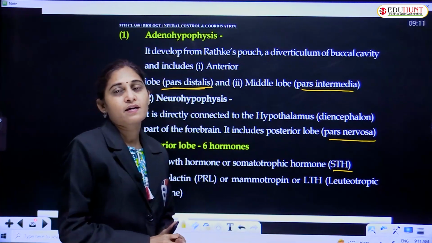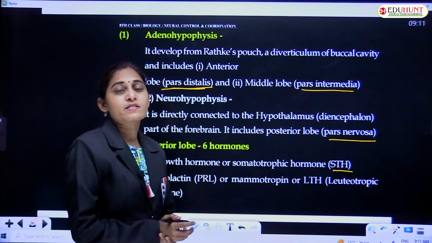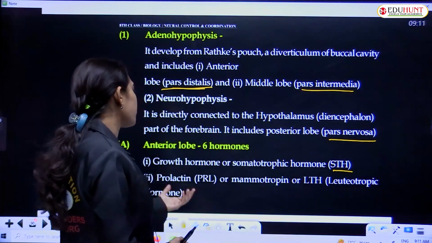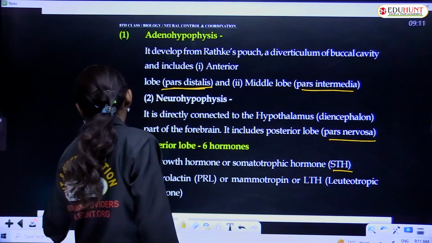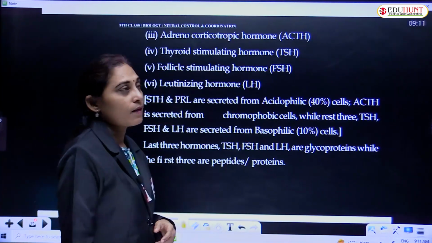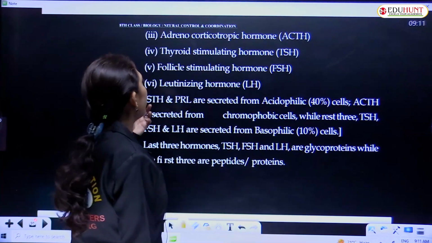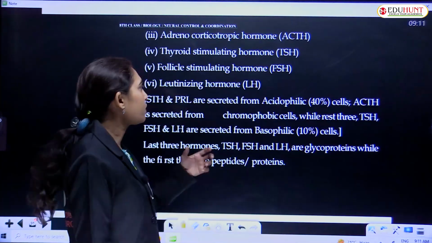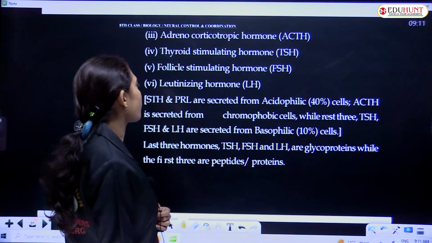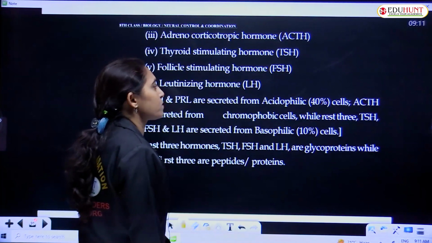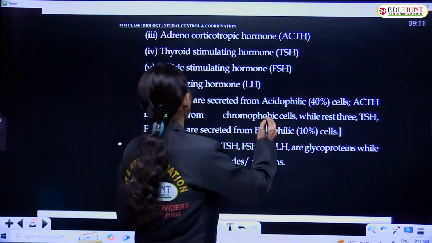Pars distalis is the anterior lobe which is responsible for the secretion of 6 hormones: growth hormone, prolactin or the mammotropic hormone, adrenocorticotropic hormone, thyroid stimulating hormone, follicle stimulating hormone, and luteinizing hormone.